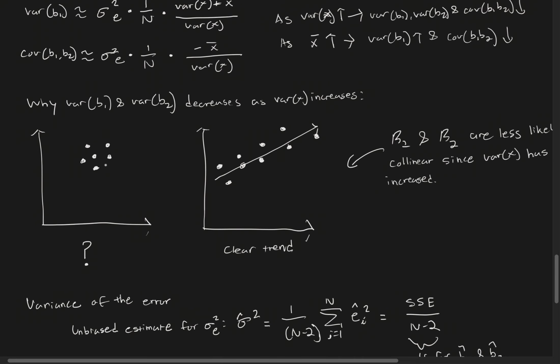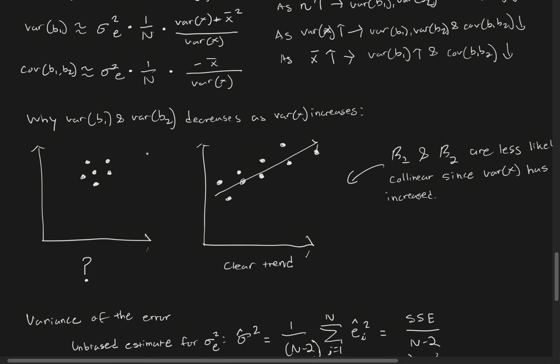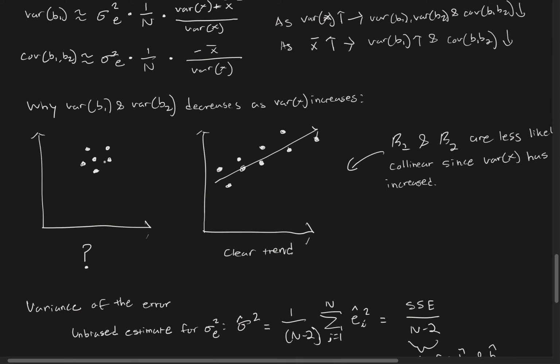So let's say the first graph shows a small variance of x, because the points are all condensed into a small location, like right here, and here. If that's the case, we have a hard time estimating what b1 and b2 are, what the fitted line is, because we don't have an accurate representation of what the trend within our data set is.